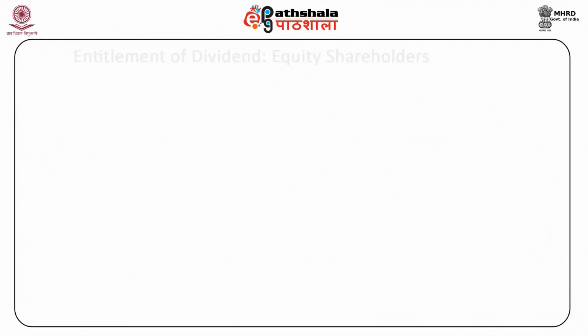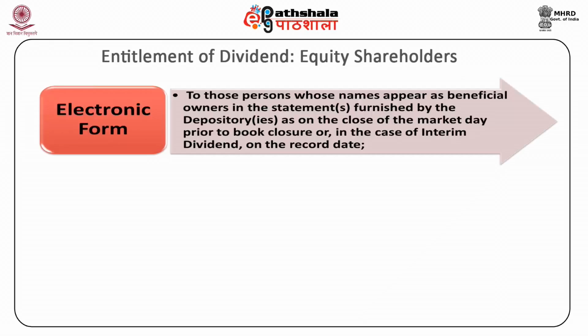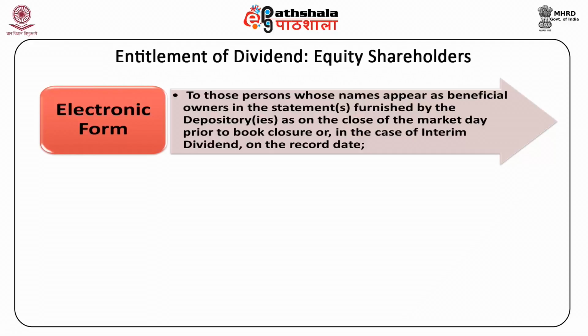Entitlement of dividend to the equity shareholders. A company can pay dividend only to the shareholders of that company. First, in respect of shares held in electronic form, to those persons whose names appear as beneficial owners in the statement furnished by the depository or depositories as on the close of the market day prior to book closure, or in the case of interim dividend, on the record date.